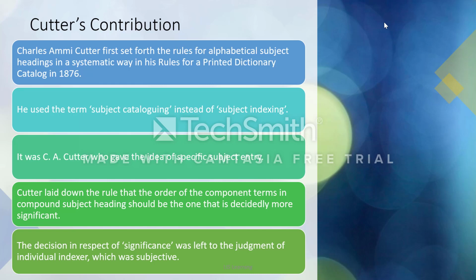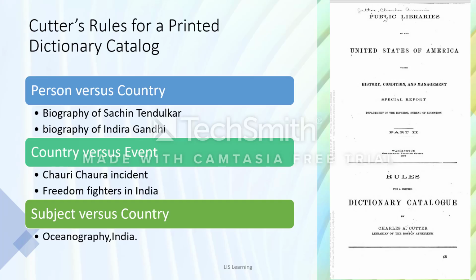The decision of significance is based on the judgment of the individual indexer because it is a subjective matter. This is the main loophole, or you can say drawback, of Cutter's contribution. He did not describe how to choose the significance of a particular concept or a particular document.